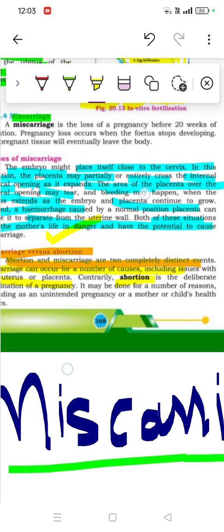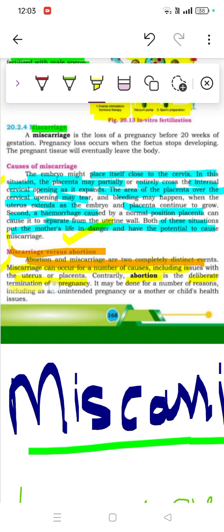Abortion is the deliberate termination of pregnancy. If a woman is pregnant but is not expecting a baby, she may choose abortion. It is done for a number of reasons.